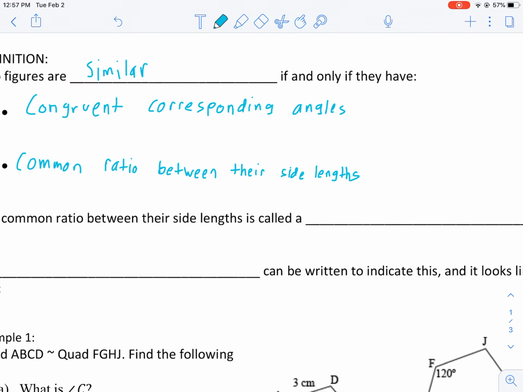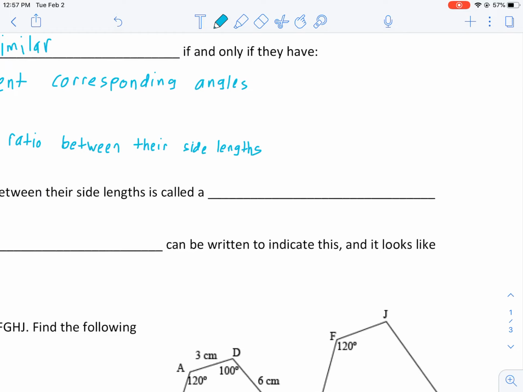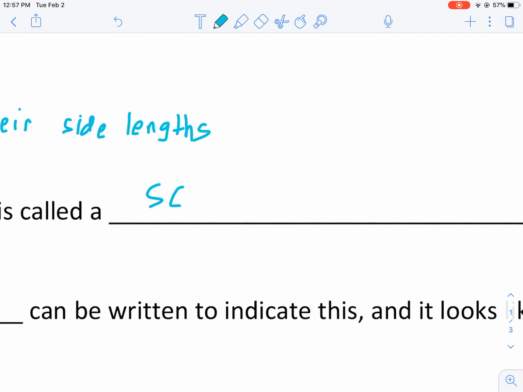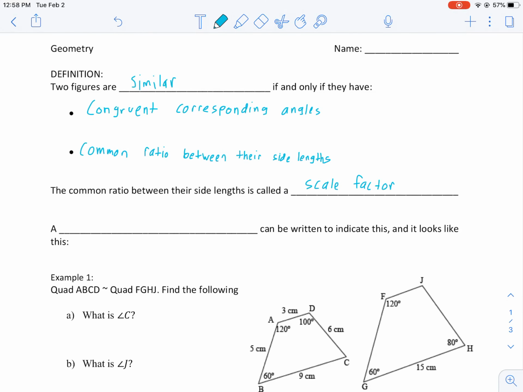Okay, so we'll talk about what that means more in a second, but that common ratio between their side lengths is called the scale factor. And that's a word that should be familiar to us because we just talked about it with dilations. And that's how dilations connects to similarity, right? It creates similar figures when you do a dilation, okay?